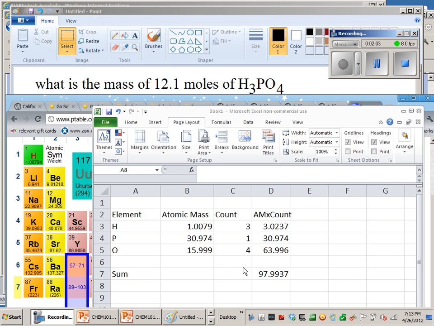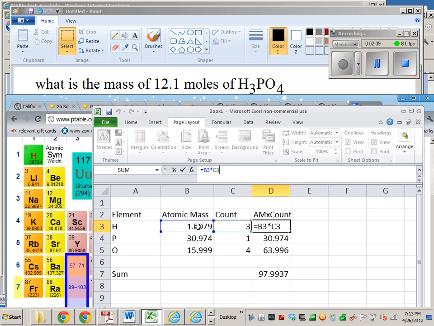So I've multiplied the atomic mass times the count for each of the different elements. Then I add those up, and I get that the overall formula mass of phosphoric acid is 97.99 grams per mole.